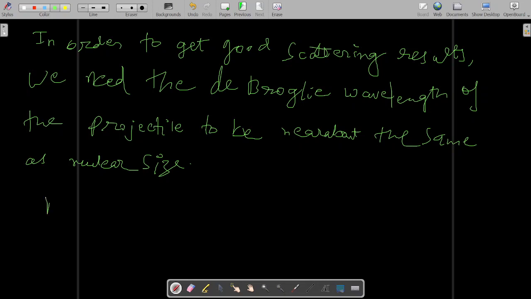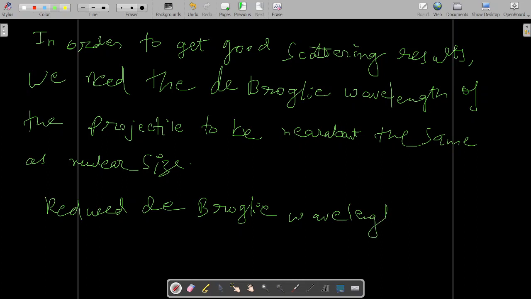The reduced de Broglie wavelength of the electron, what is it equal to?